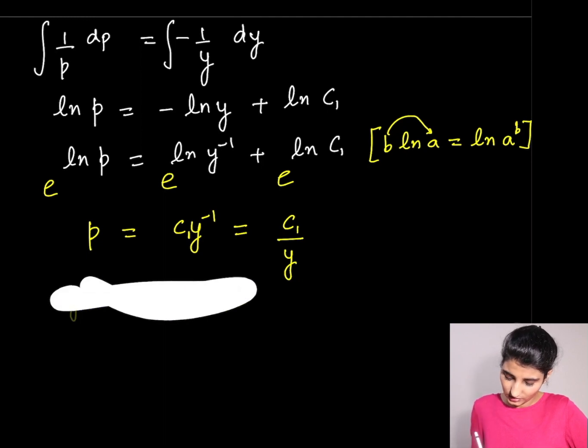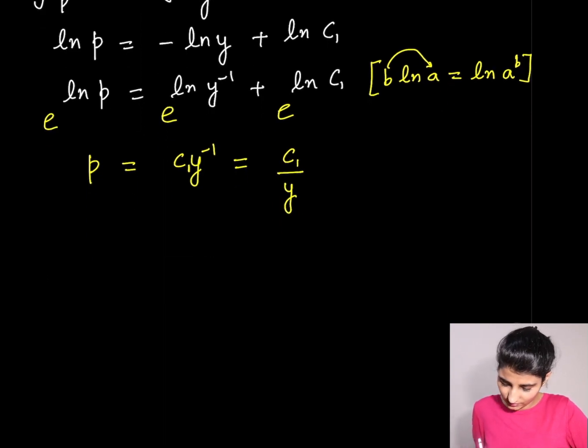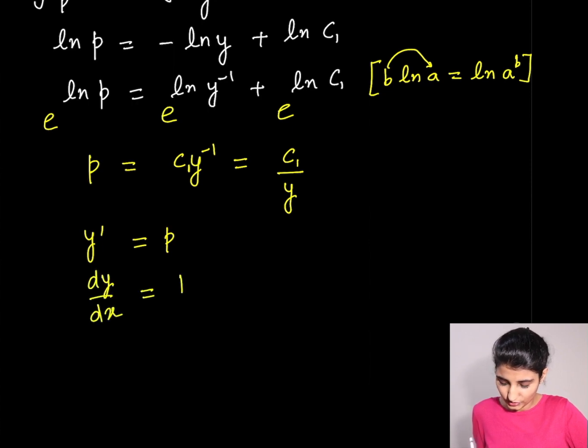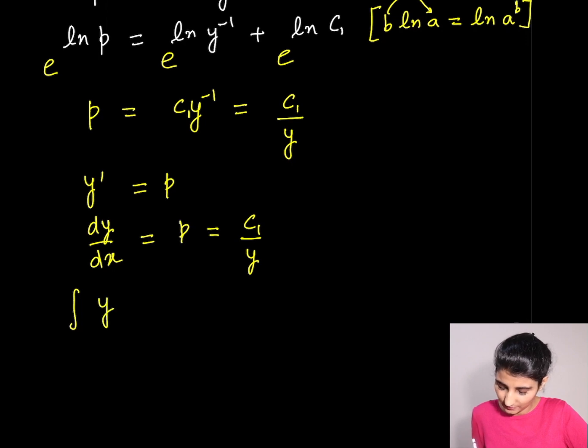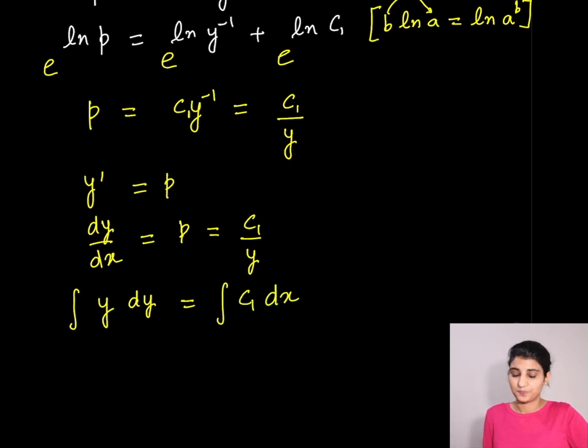Oh wait, so we have y prime is equal to p, so dy over dx is equal to p, and p is c1 over y. So integrate both sides, we will get y dy equal to c1 dx. Okay.